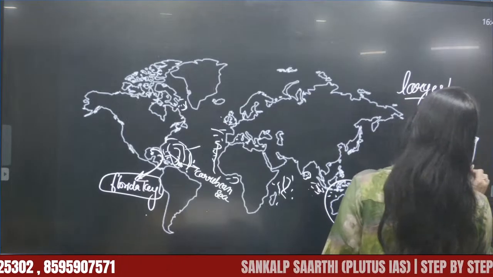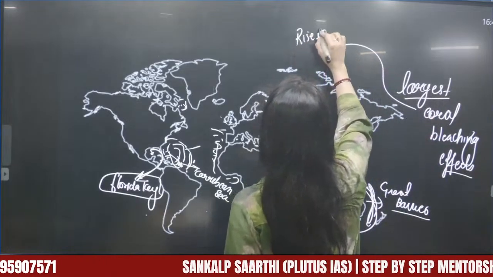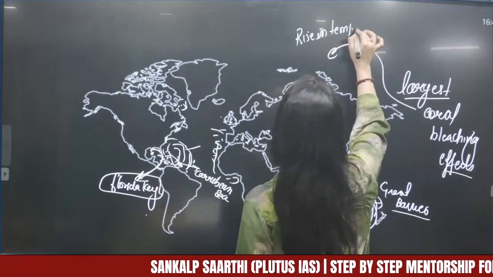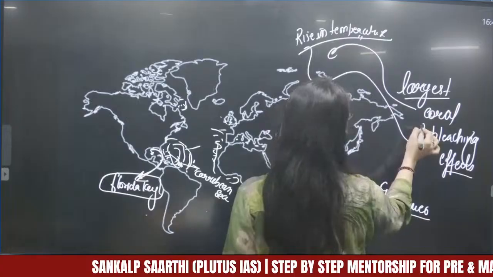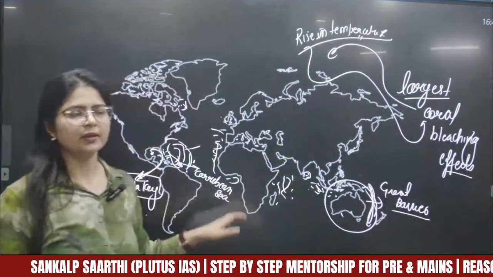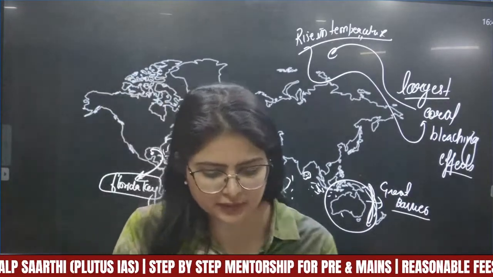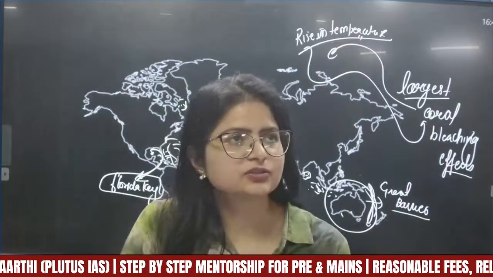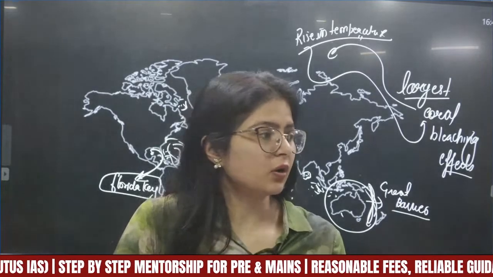Why? This is only because of the rise in the temperature. Any minimal rise in the temperature is going to get the coral bleaching done over an area, right? So it is important to note that the world is currently experiencing the largest coral bleaching around the world. It is the highest ever recorded with us.